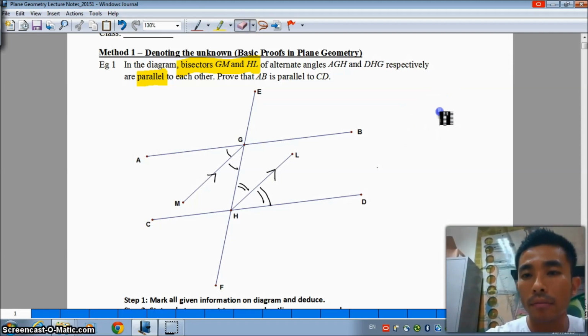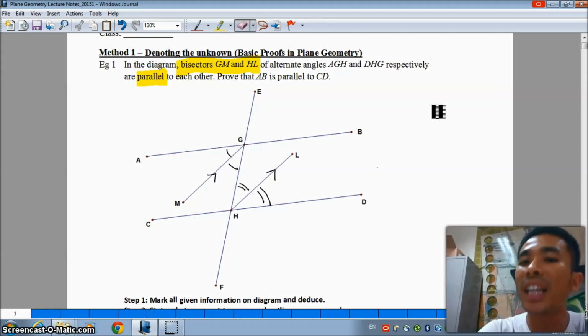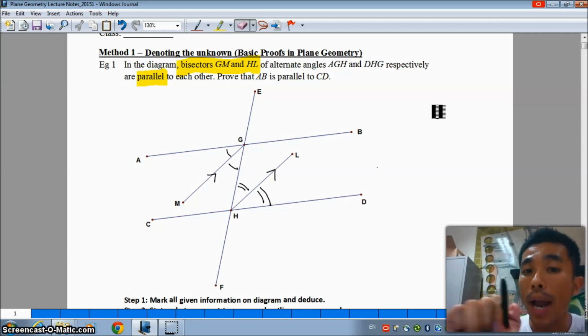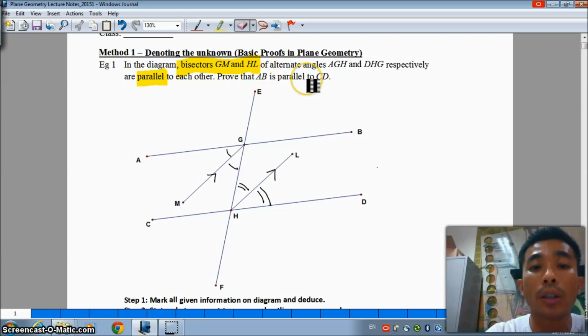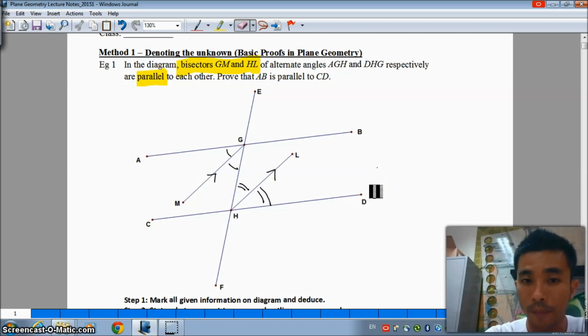So with that, it also means that if now I would like to prove that AB is parallel to CD, I can make use of either one and the converse is true. Either using corresponding, alternate or interior angles. And take note, our end in mind is AB is parallel to CD. As you can see over here, AB is parallel to CD.